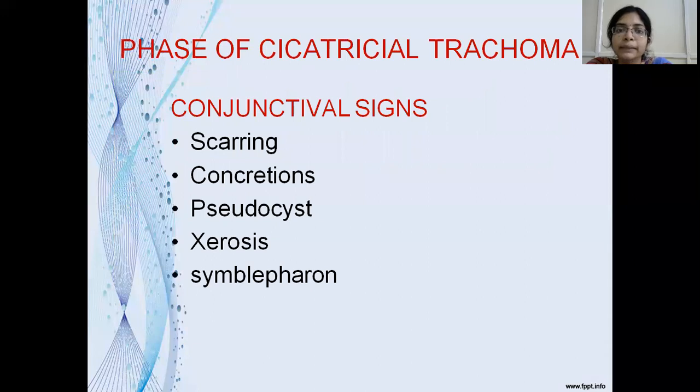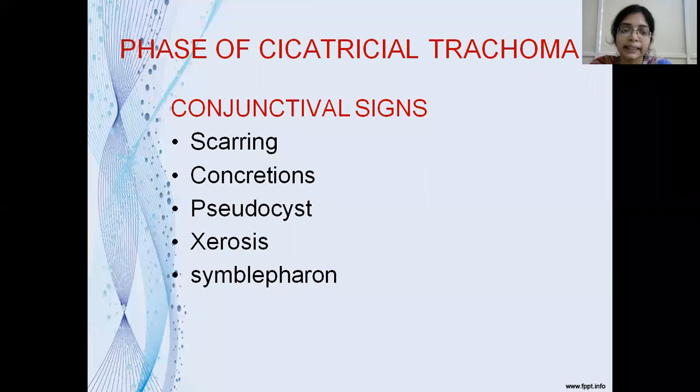Now, what happens in the phase of cicatricial trachoma? In the phase of cicatricial trachoma, it usually occurs after a long time, usually in the middle age of the patient. So in cicatricial trachoma, you will have all signs of scarring and healing of the conjunctiva and cornea. So what all can happen in the phase of cicatricial trachoma?